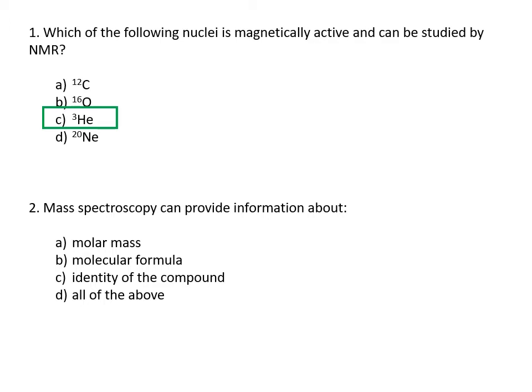A mass spectrum is a fingerprint of a compound. So if we can match a compound with a spectrum in a library, and there is a good match, let's say 95% or better, then identity has been confirmed. And that means that the answer is all of the above. So mass spectrometry can provide information about all 3 of these.